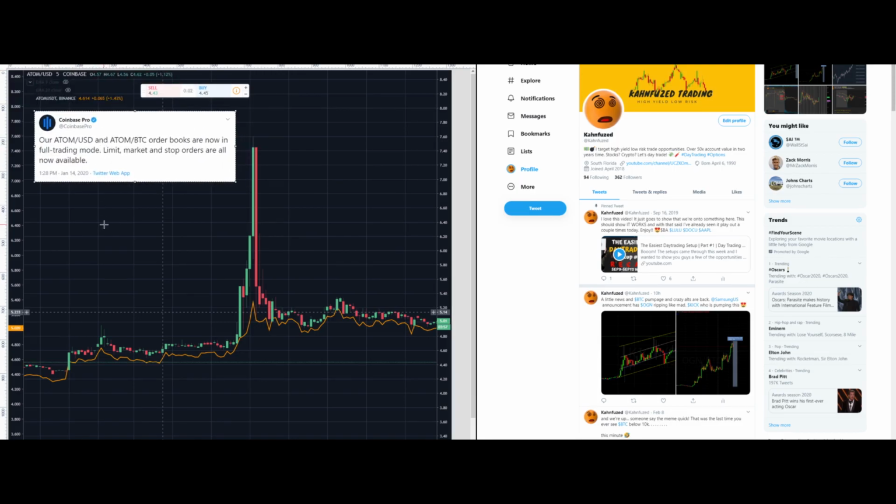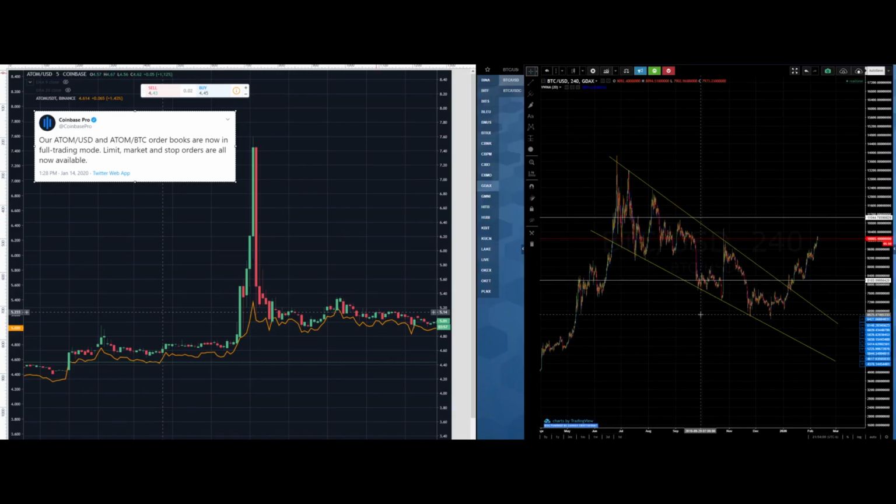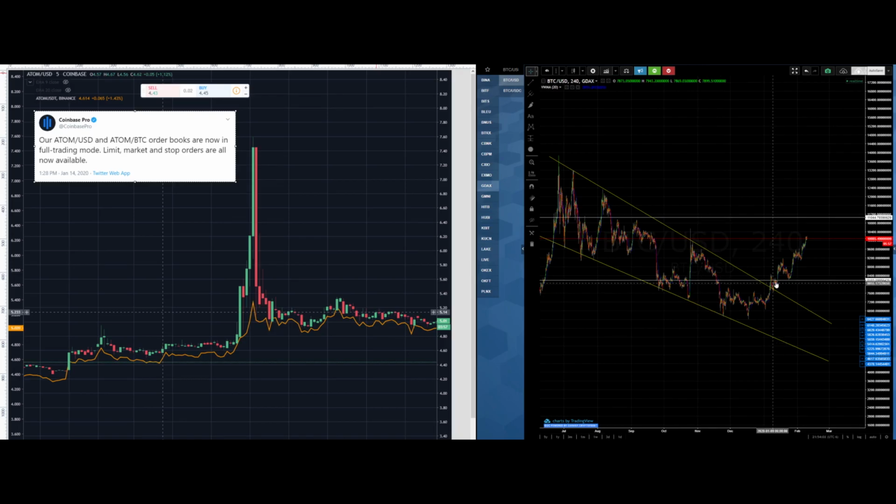So Coinbase came out on January 14th and said that basically they were listing ATOM, which is a token that's already on Binance, and they were going to allow trading on their exchange. So usually when this happens and we're in the middle of some sort of bullish cycle, such as we were at this spot right here, we had broke out of this huge downtrend on Bitcoin, and we basically retested this, and we came up to this price level where the market's feeling pretty bullish.